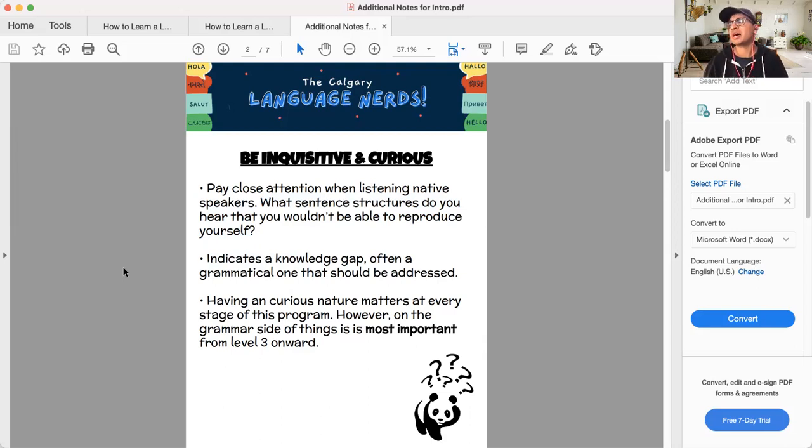I read that thing and I understood most of the words." But the problem is that you wouldn't be able to reproduce it yourself. You wouldn't be able to say that or write that yourself. Another way to view it is you don't know why they said it that way. You understood the words, but you don't know why they said it the way they said it.